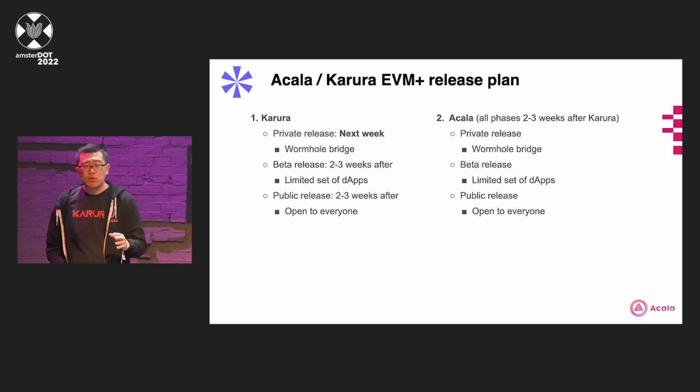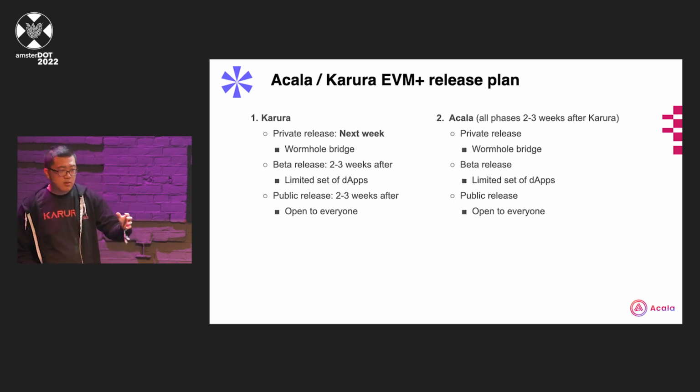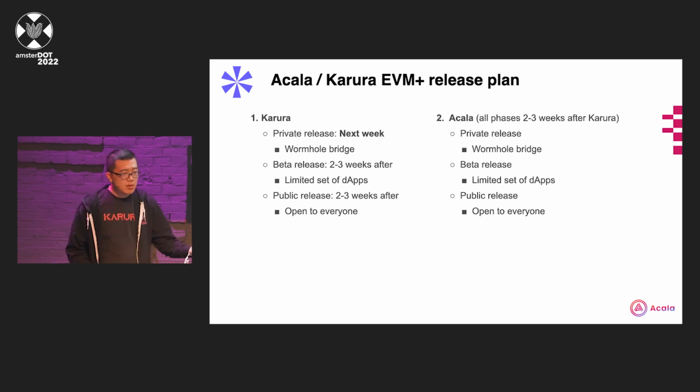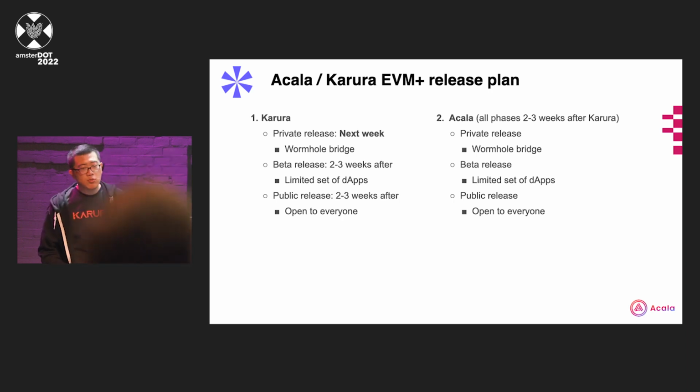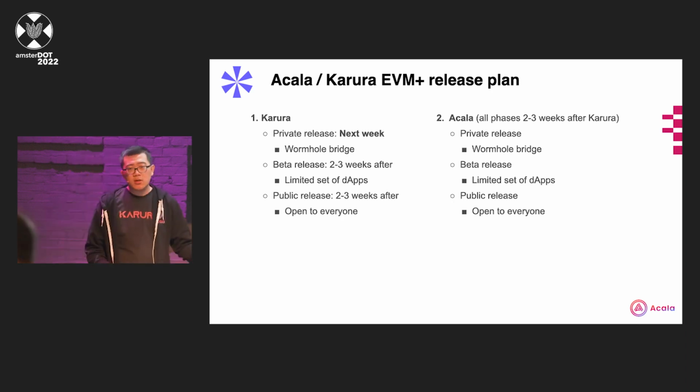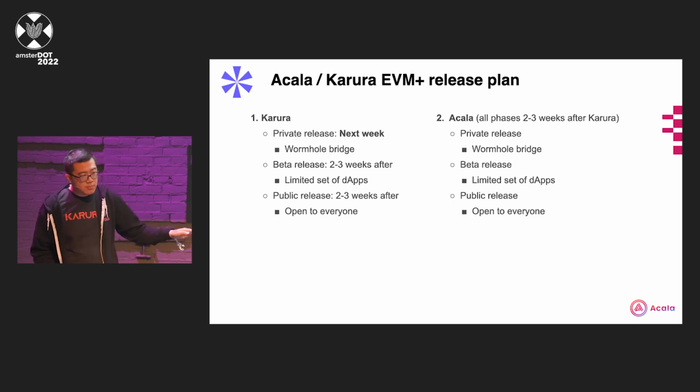So we're going to let some people in first while we take feedback, improve our documentation, and work with them, and then let more people in. First thing, the one-hop bridge. Second thing, there will be a lot more dApps that have already been working with us for a long time. And then after we're very comfortable, everything is running, all the software is tested, and nothing goes wrong, we'll be open to everyone.